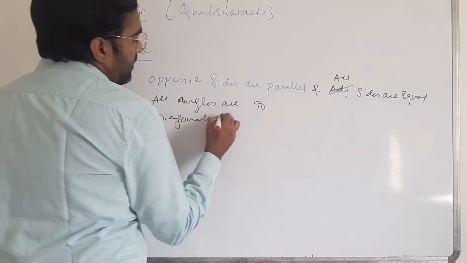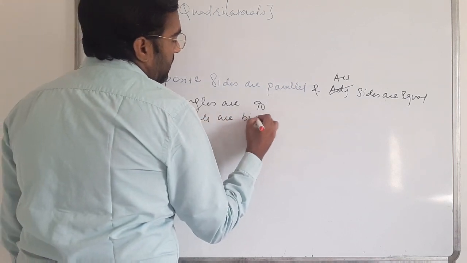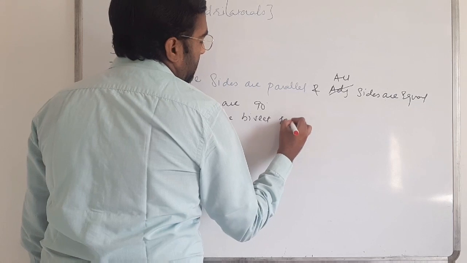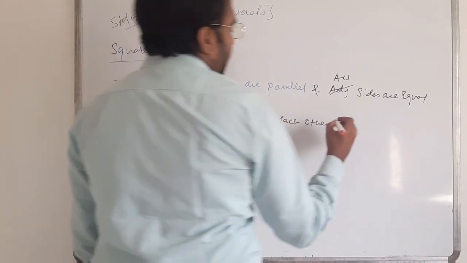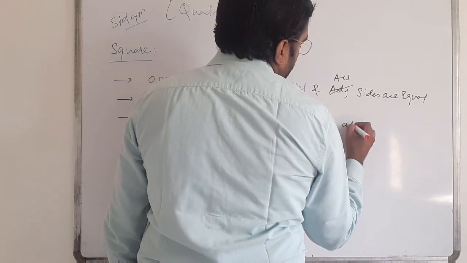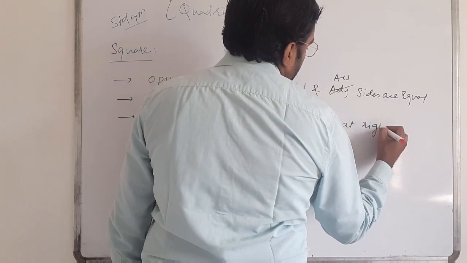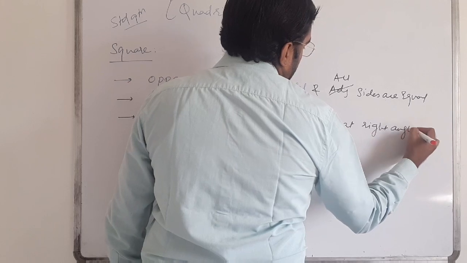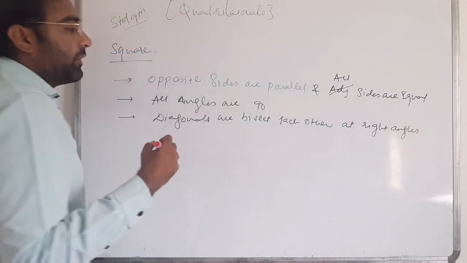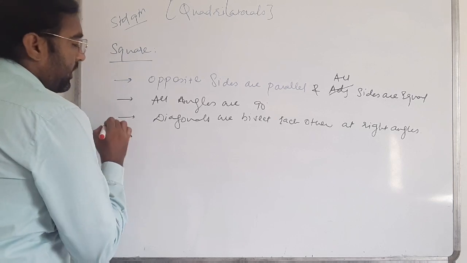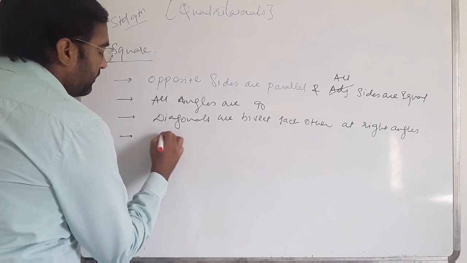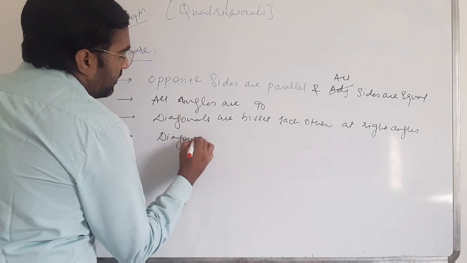Diagonals bisect each other, and bisect each other at right angle also, the same as the rhombus property. And diagonals are also equal.